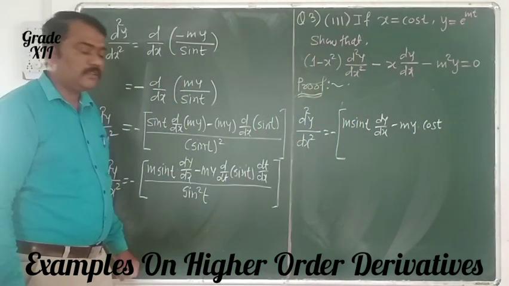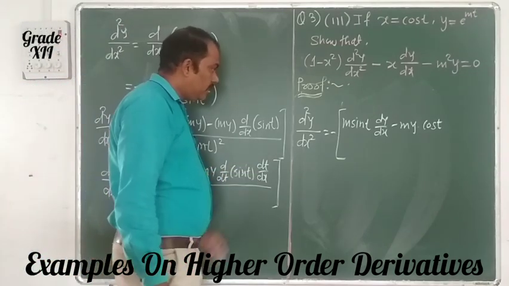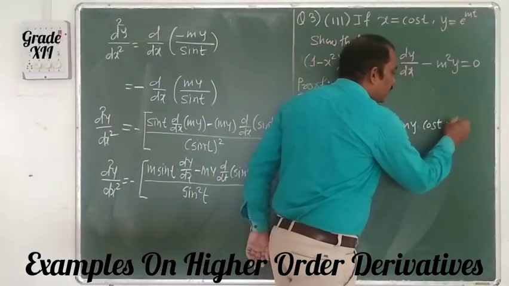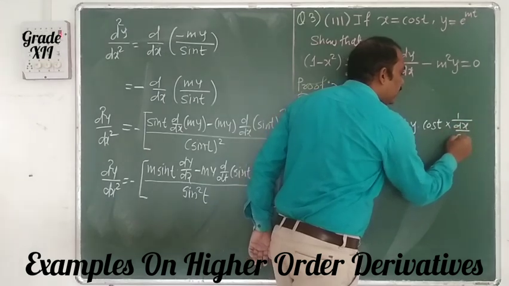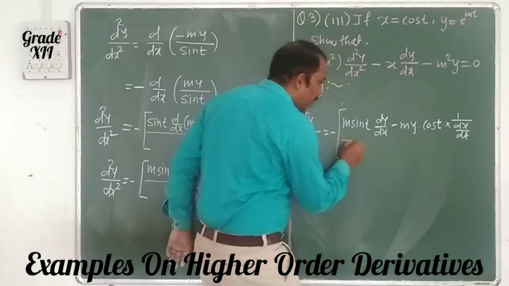Derivative of sin t is nothing but cos t. dt by dx can be written as 1 upon dx by dt.